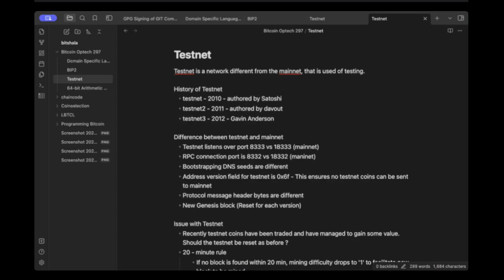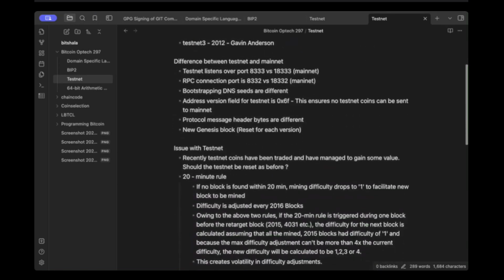The basic difference between testnet and mainnet is that testnet listens over port 18333, while mainnet listens over 8333. And there is a difference in the RPC port as well. Also, testnet has separate DNS seeds that are used for bootstrapping it with other peers.